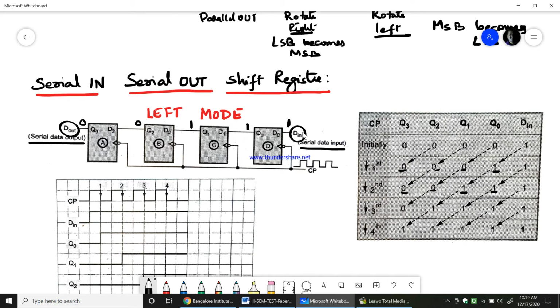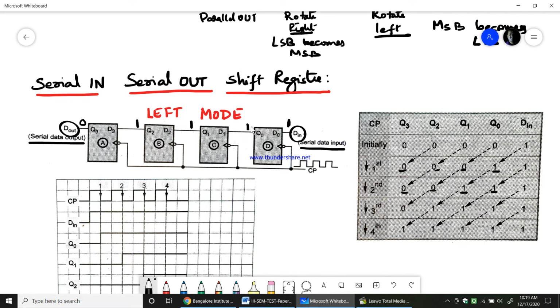Now again I will make D in 1. This Q0 1 comes to Q1, Q1 1 comes to Q2, whereas Q0 stores the new value of D in. So again I give D in 1 and press the clock pulse.